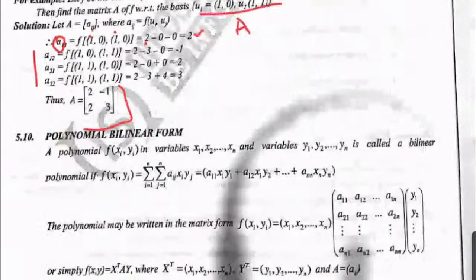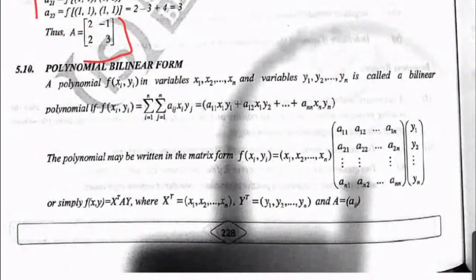Next, polynomial bilinear form. A polynomial f of xi comma yi in variables x1 to xn and variables y1 to yn is called a bilinear polynomial if f of xi comma yi is equal to summation i equal to 1 to n, summation j equal to 1 to n, aij xi yj. That is a11 x1 y1, a12 x1 y2, a1n x1 yn, similarly a21 x2 y1 and up to ann xn yn.